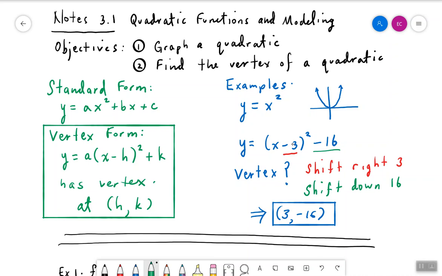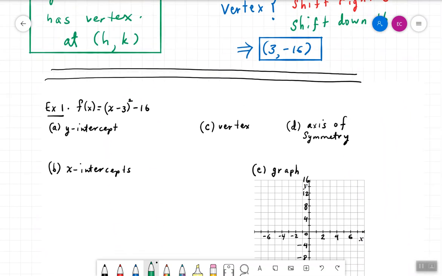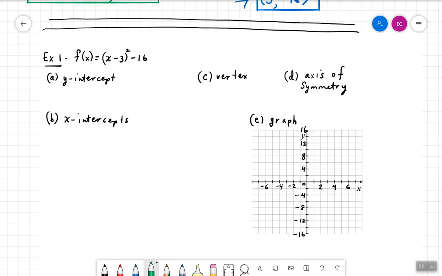And so the minus 3 over here in our example becomes a plus 3. And similarly, the minus h becomes a positive h, or it's the number after the minus sign in the vertex form. Okay, with that said, we're ready to get into the first example.